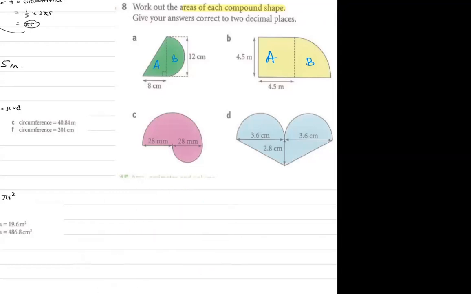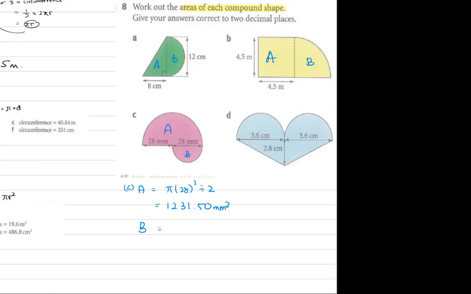Question C. Also two shapes. One is a big semicircle, one is a small semicircle. So for A, big semicircle with radius 28. Pi times 28 squared divided by 2 gives 1,231.50 square millimeters. Area for B is a small semicircle with a diameter of 28, so our radius will be 14.